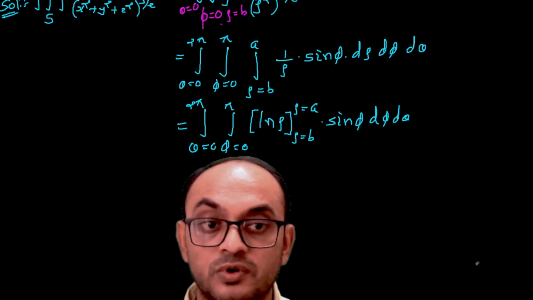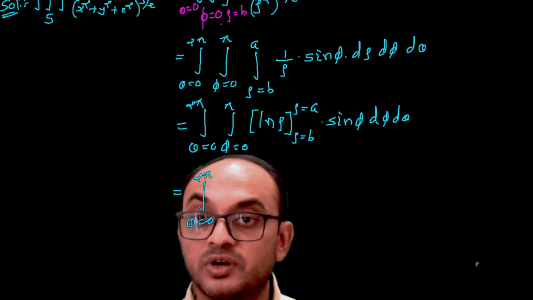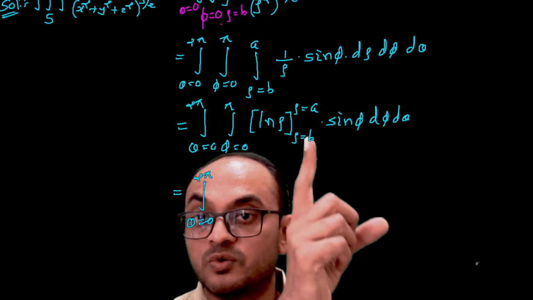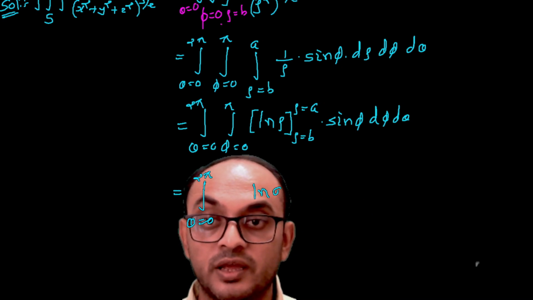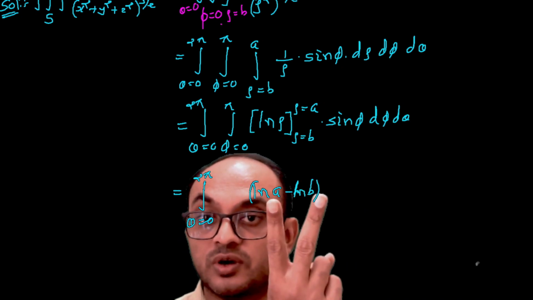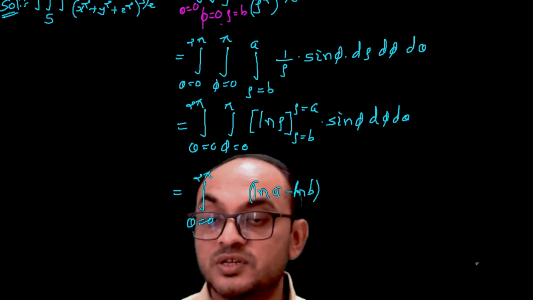Therefore this is equal to the integral with theta from 0 to 2 pi. What is this quantity? We substitute rho equal to a and rho equal to b, so this is ln a minus ln b. This is a constant quantity. I can integrate sine phi with respect to phi.